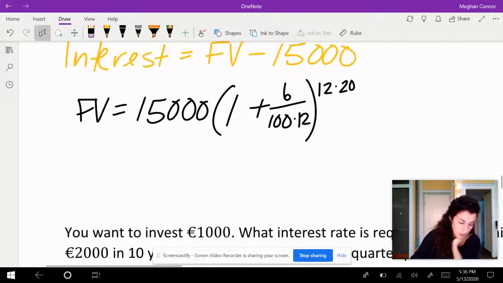I could type this all in, or I could use my financial solver, make sure that I plug in negative 15,000, still a 6% interest rate. My number of years is 20. Compoundings is still 12.